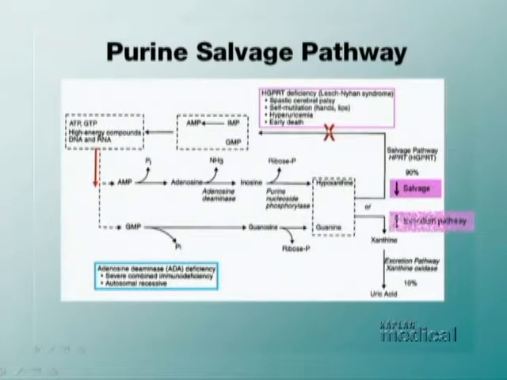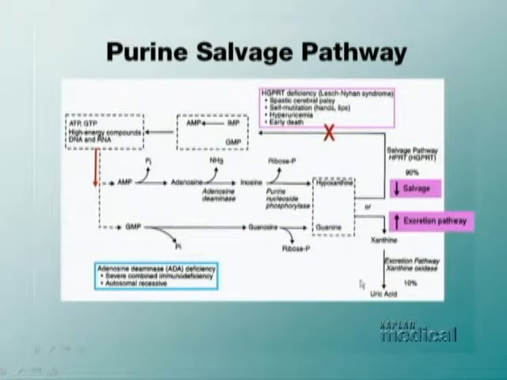But if there's a block right here, you're going to decrease the salvage pathway, and you're going to increase the excretion pathway. So now you're just going to be spitting out uric acid into the urine. These crystals are going to accumulate, but they're also going to accumulate in other tissues, and not all of it's going to be excreted. It's going to cause a problem.